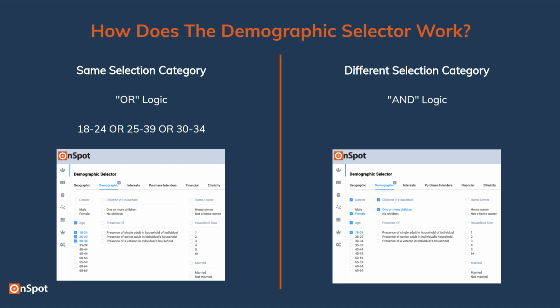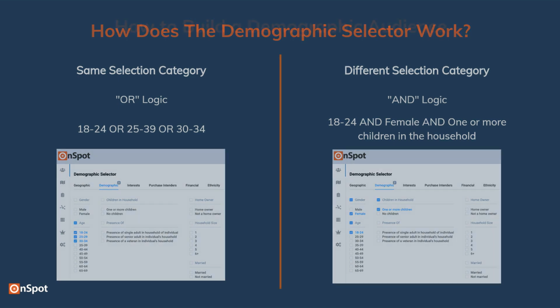Within different selection categories, such as age and gender, it is AND logic, so it only matches the households that contain all of the selected items. For example, age 18 to 24 and female and one or more children in the household.